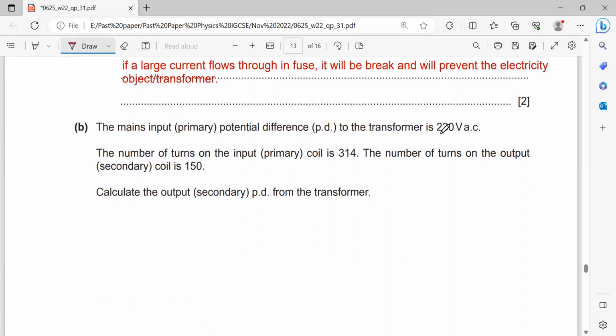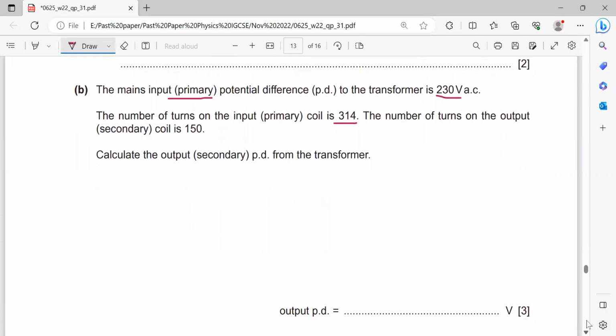230 volts. This is the primary, or Vp. The number of turns on the input primary coil is 314. The number of turns on the output secondary coil is 150. Calculate the output secondary PD from the transformer.